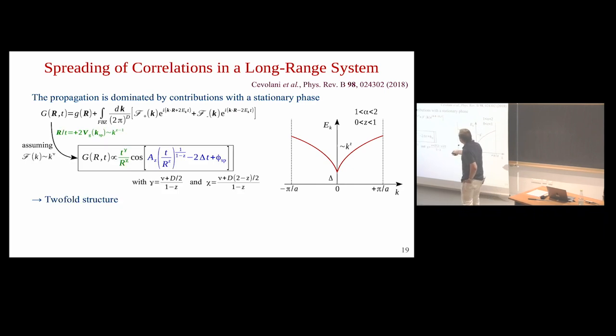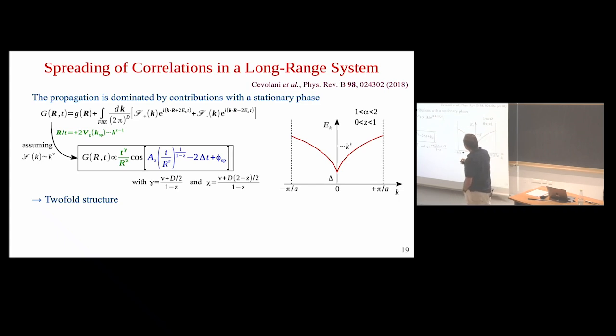You identify, for a given ratio of r divided by t, the momentum where the group velocity is equal to r divided by t. The group velocity is the derivative of the energy with respect to k, so it goes like k to the power z minus 1.